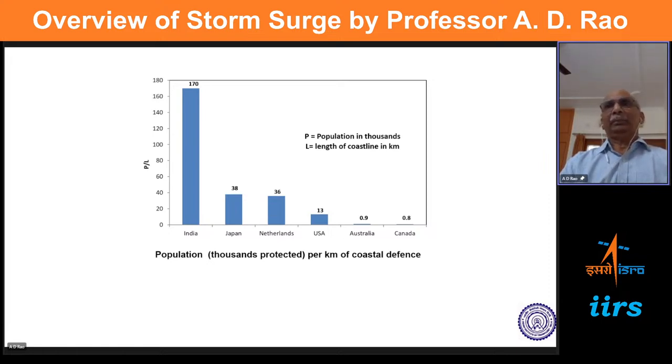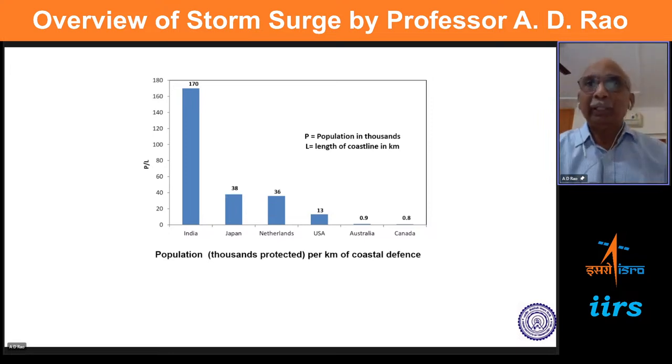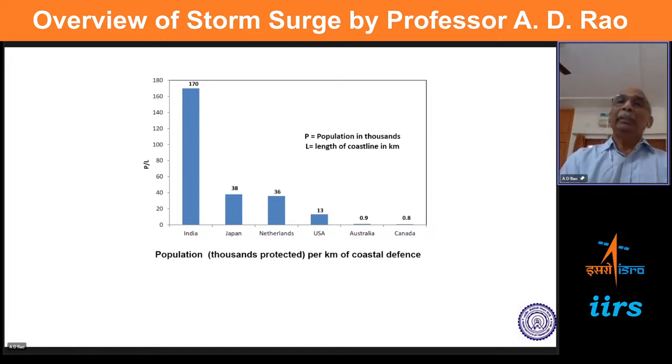What does it mean? The population per kilometer in India is about 170 compared to other countries. So if you spend any amount of money on coastal protection, it will benefit many people in the country. This is the first criterion for the economic feasibility of coastal protection.